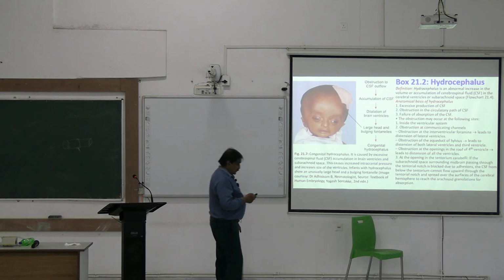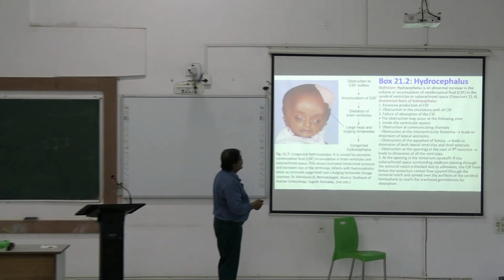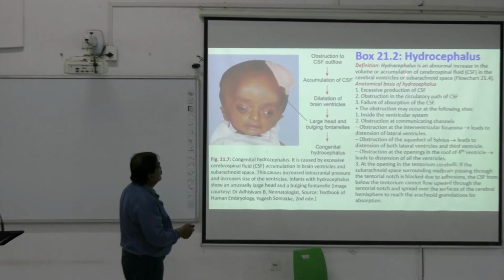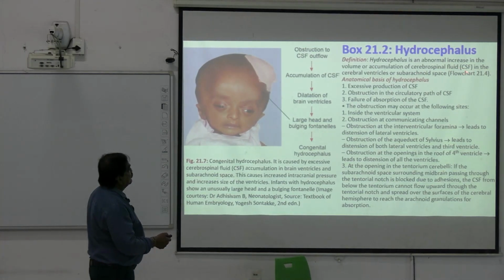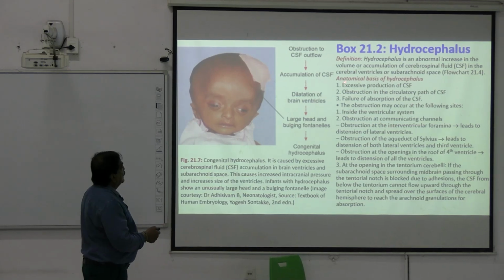Now, you can see the hydrocephalus definition. Hydrocephalus is an abnormal increase in the volume or accumulation of cerebrospinal fluid in the cerebral ventricle or subarachnoid space. Anatomical basis of hydrocephalus: excessive production of CSF, obstruction in the circulatory pathway of CSF, failure of absorption of the CSF.